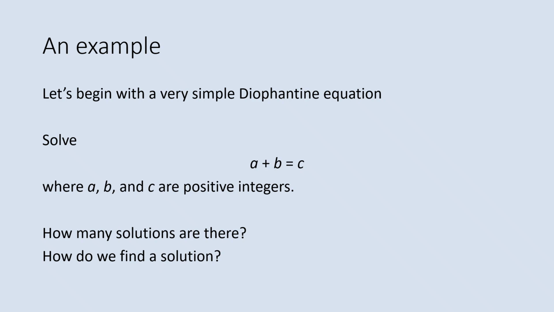We do have to be careful about the order we pick those, because if we pick a and c first, then we may have to pick a negative number for b, and we have this condition of all of them being positive integers. And so the idea is we can pick any a that we like, pick any b that we like, add those together, and that gives us c, which is a solution to this equation. So it's a very simple Diophantine equation, and really too simple to be interesting for us.